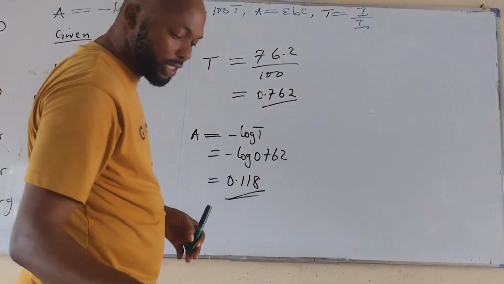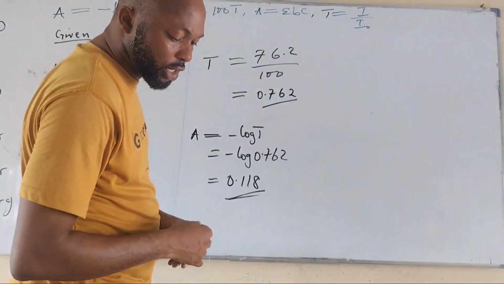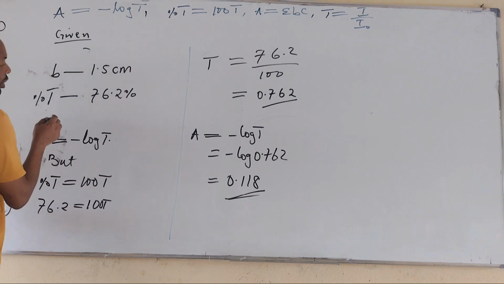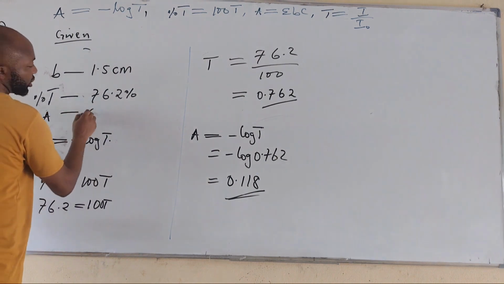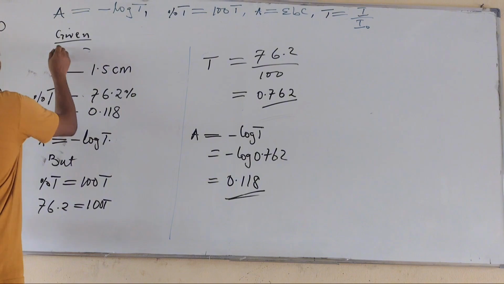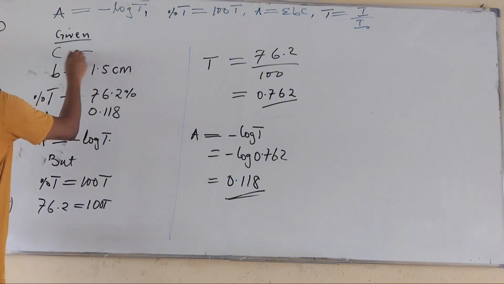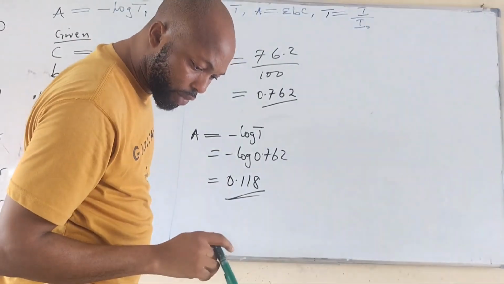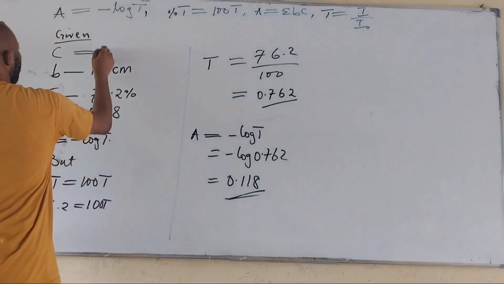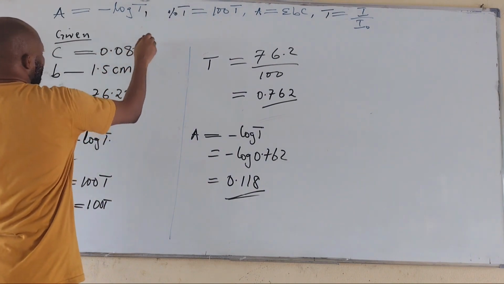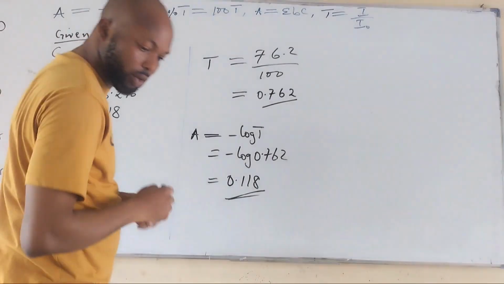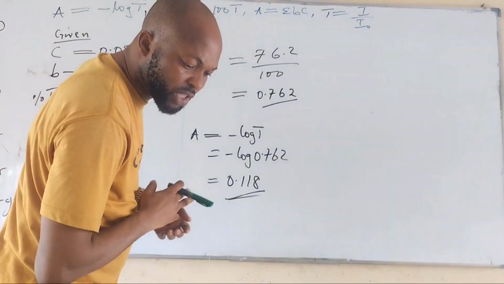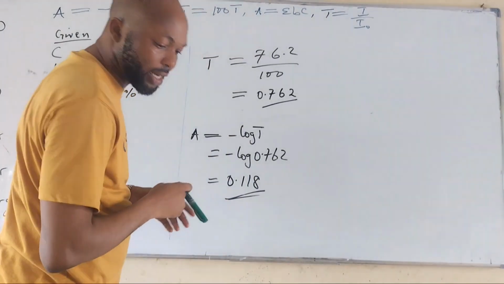That's A. B says, now the other concentration here, we now have our A to be 0.118, and if the concentration is 0.0802, what is the absorptivity of this species at this wavelength?